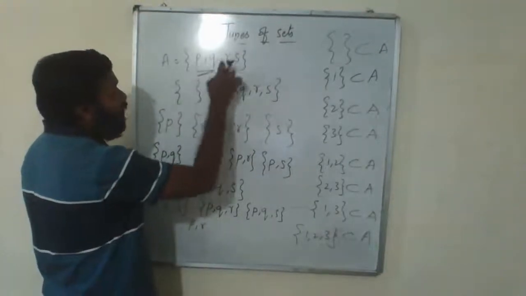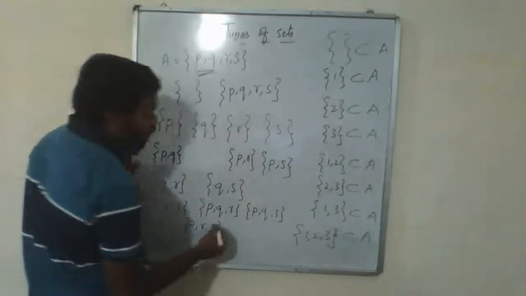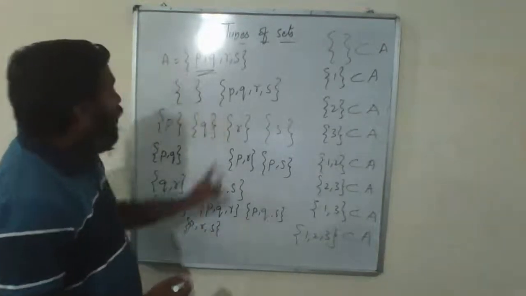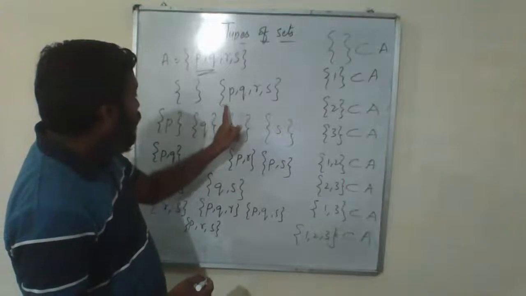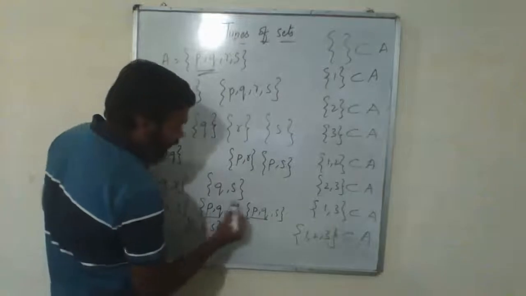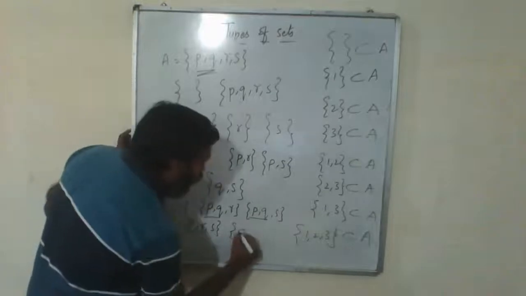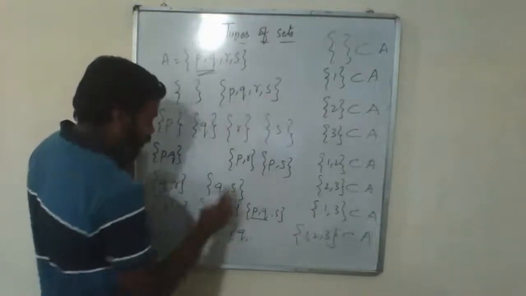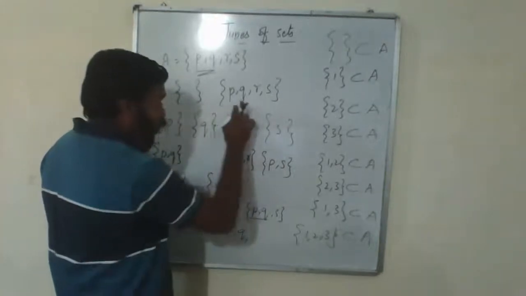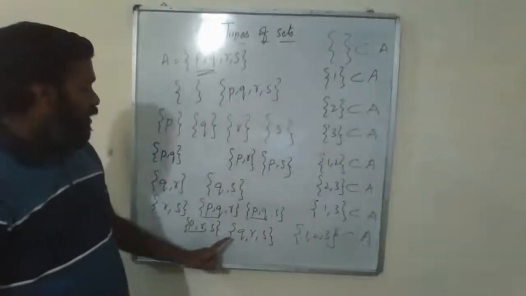Already we have taken PQ, so next PRS. Already we have taken PS, so we need not consider that again. And we are going for Q again now. QPR, already taken. QPS, already taken. QRS is not yet considered.